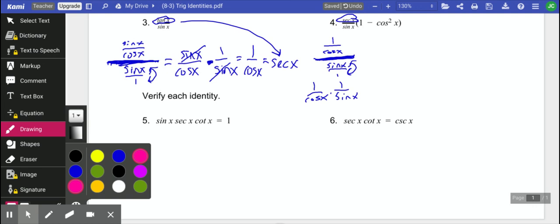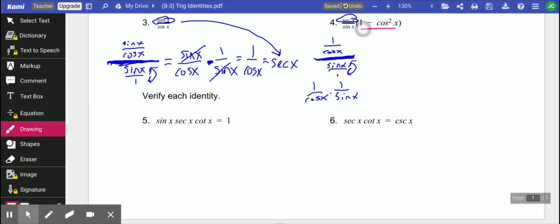Now let's come over here. This thing, 1 minus cosine squared x. Oh yeah. Do you remember our favorite Pythagorean identity? I said it was our favorite, but it really is. It says sine squared plus cosine squared equals 1.